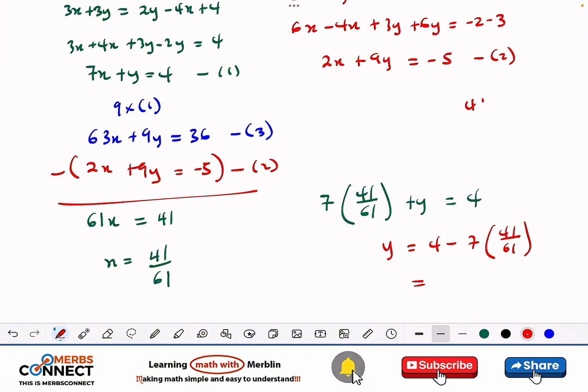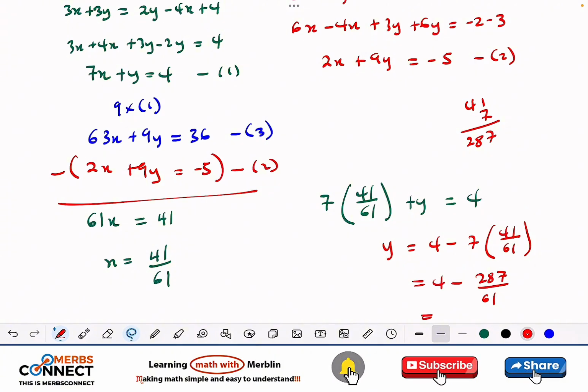41 times 7. 7 times 4 is 28. Is that right? Are you sure? Yeah, that's right. So 4 minus this, divided by 61. And basically, you can use a calculator to check what you are going to get for y, right?